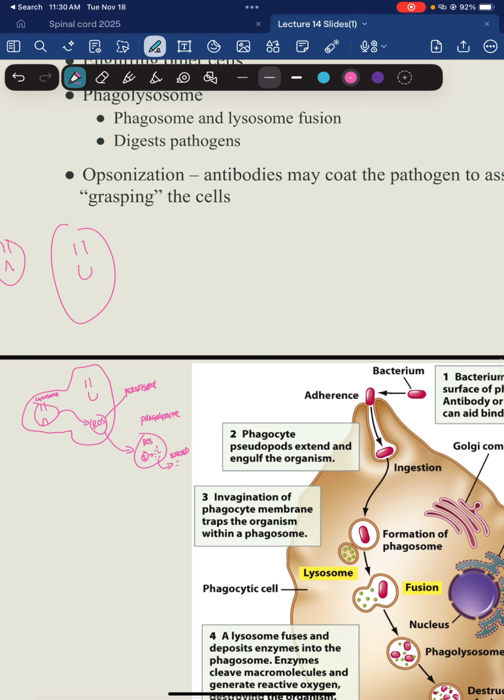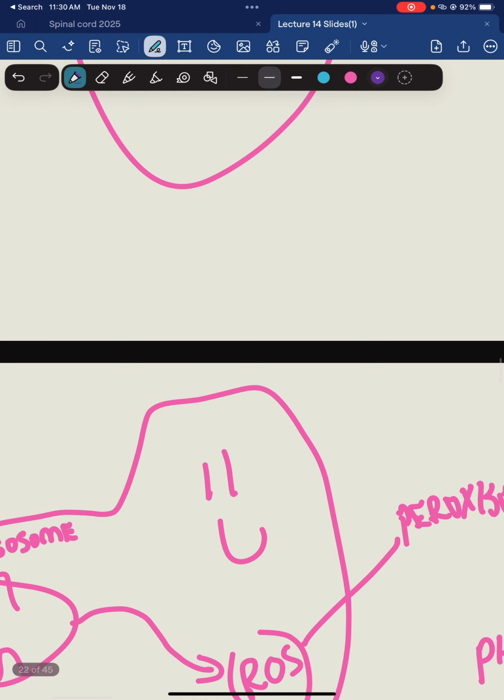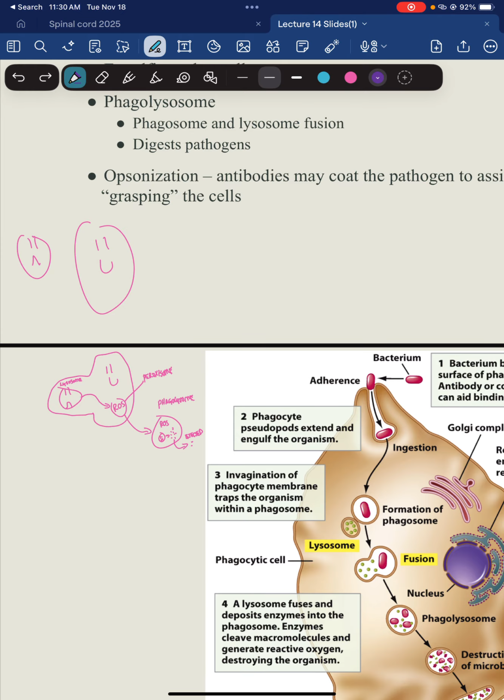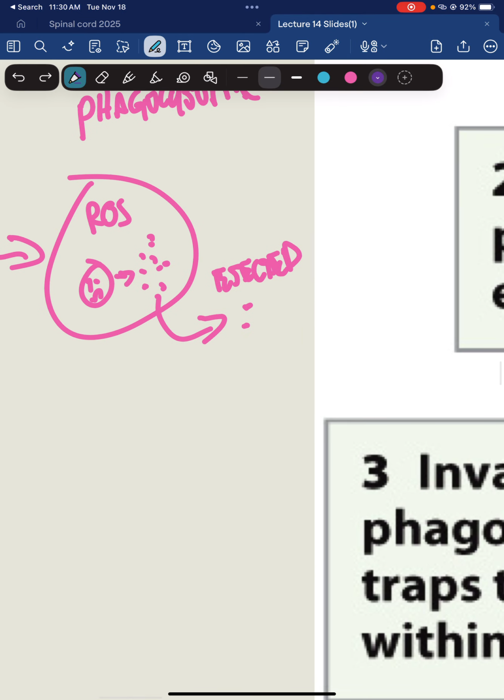So you kind of have this old battlefield where all your neutrophils have gone in and killed those bacteria. And there's just debris and chemicals that exist in that area afterwards. So if we want to clean those up, we would have a macrophage come through. They would clean up.